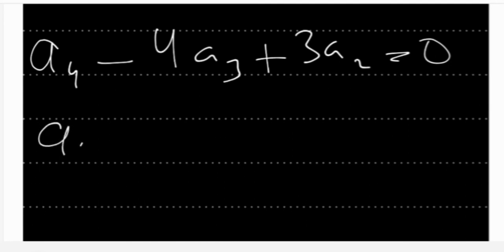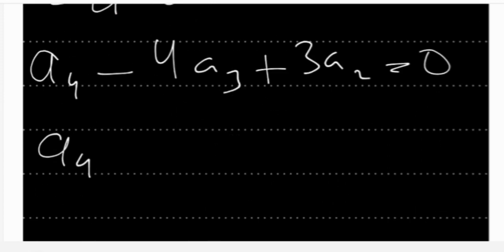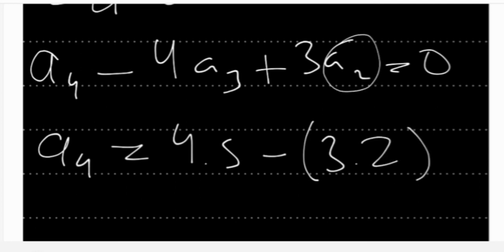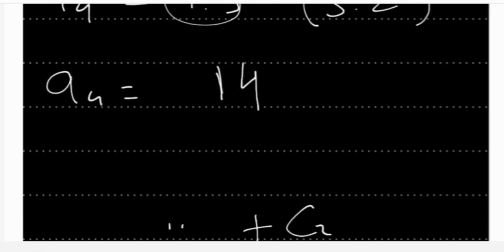So a4, and remember a3 we did find, so a3 is 5, is equal to 4 multiplied by 5 minus 3 multiplied by a2, which is 2. Now a4 is equal to 20 minus 6, which is 14.